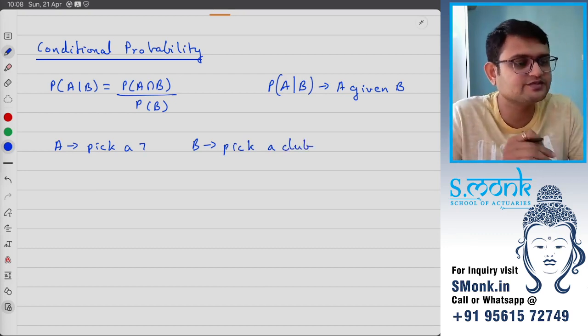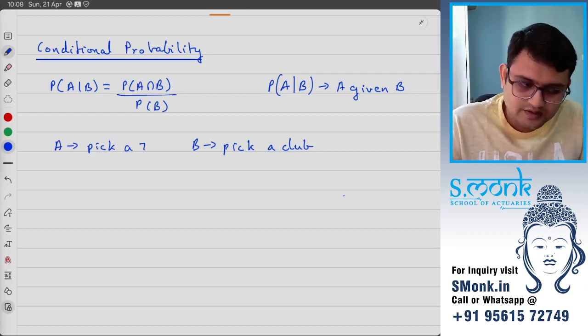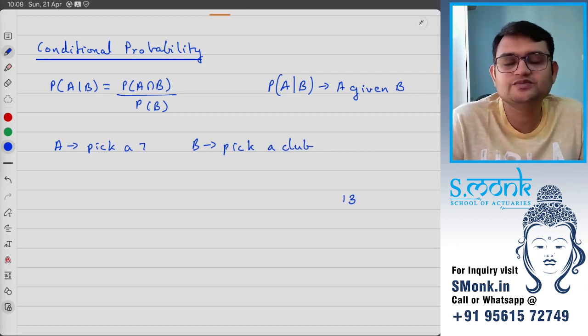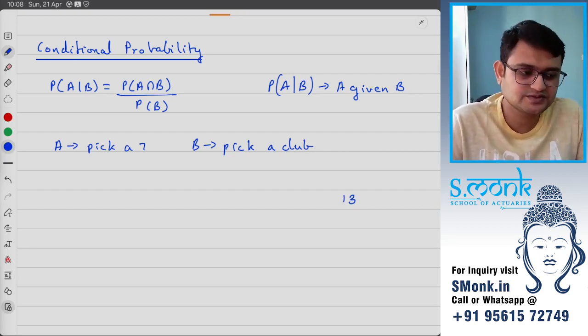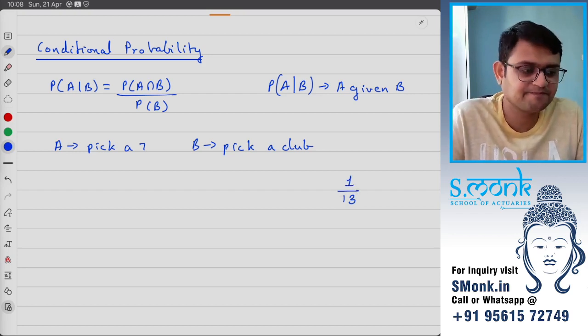Come on, it's very simple. How many clubs are there? There are 13 clubs. And out of those 13 clubs, how many are 7s? Only one is a 7.